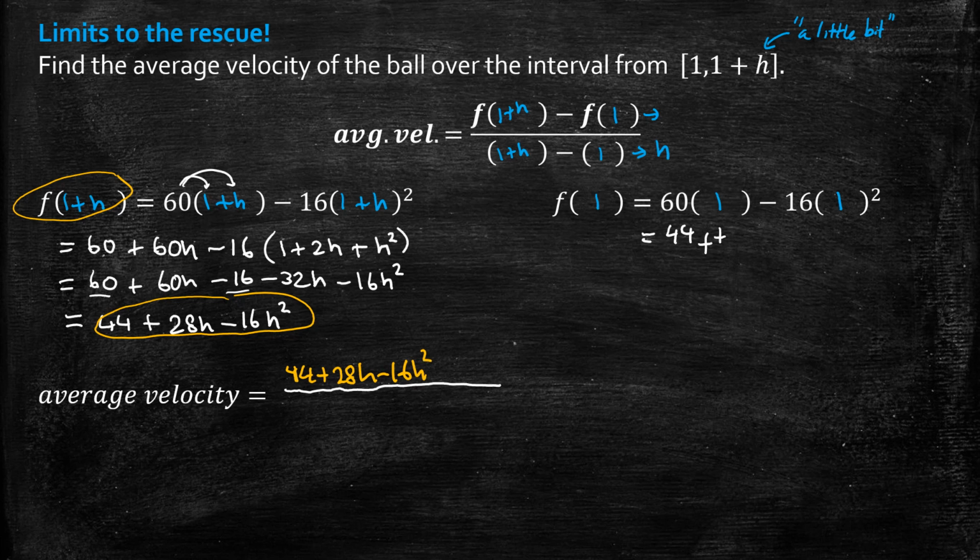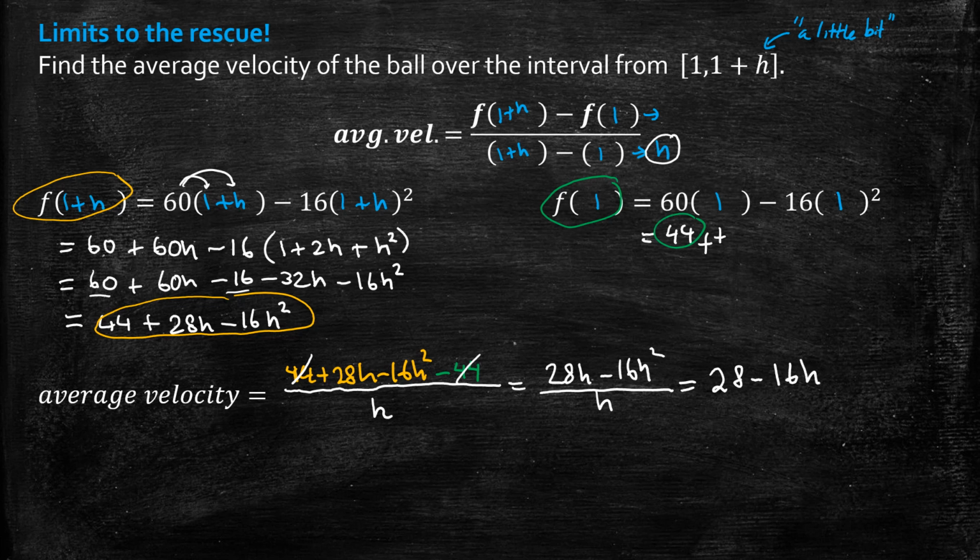Then we have to subtract f of 1, which is 44, so we'll just do minus 44. We mustn't forget that on the bottom, we discovered that we're left with h. Let's simplify the top. The 44s cancel. We're left with 28h minus 16h squared all over h. And how convenient, the h's cancel, and we're left with this.